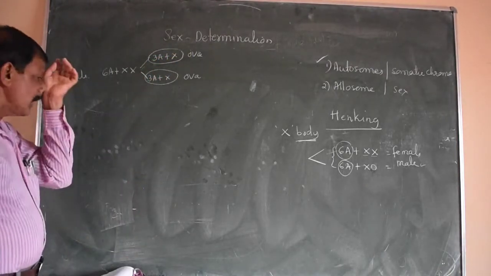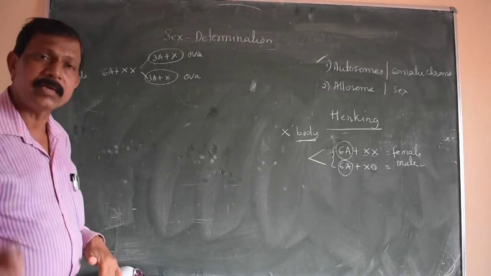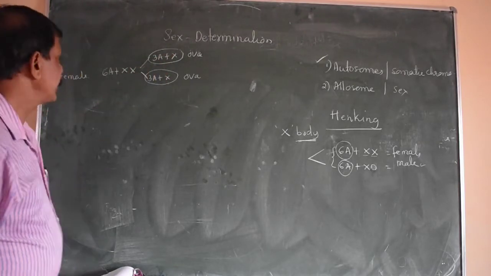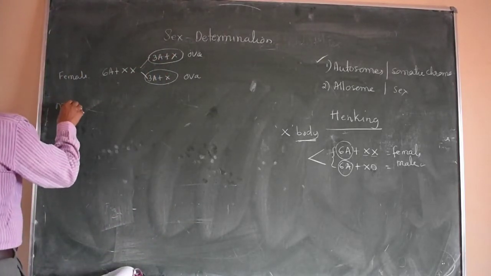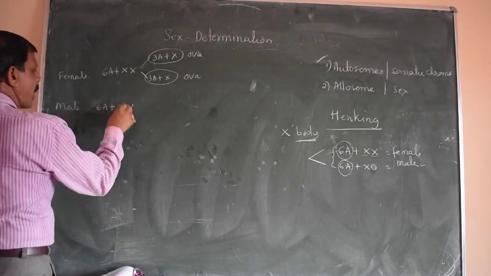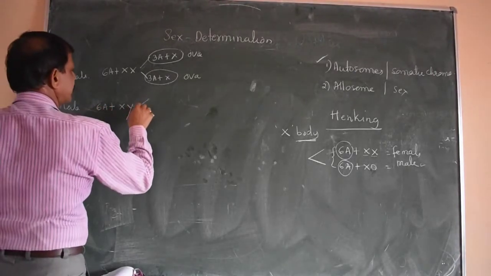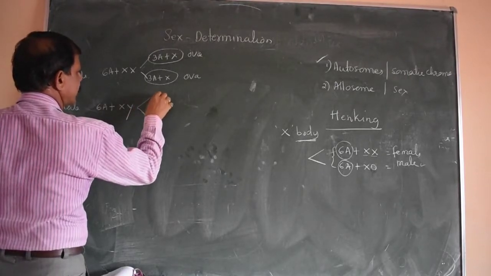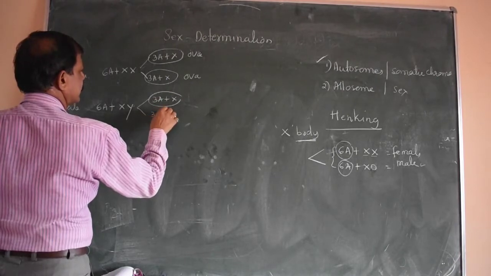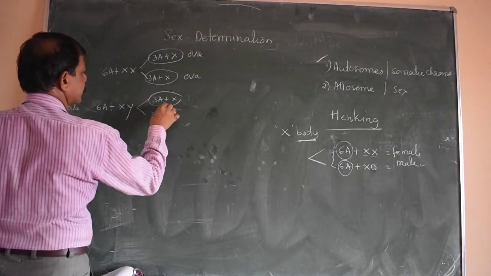So 100% of the ova contain the X body. Then in the male, you see, again 6A plus XY, and here 2 types of gametes are possible: one is 3A plus X, and another one is 3A plus 0.